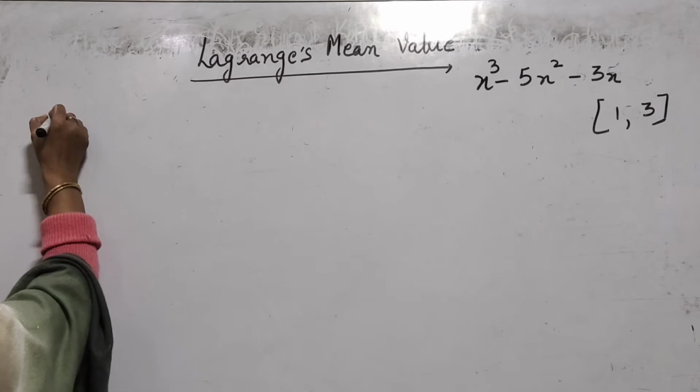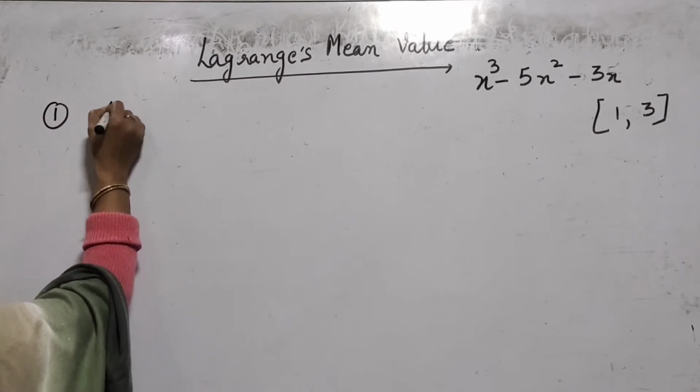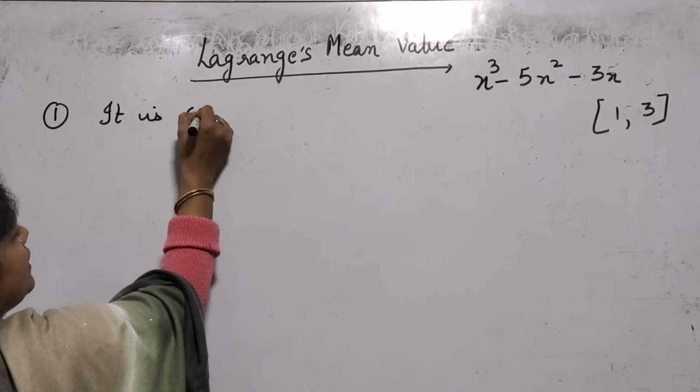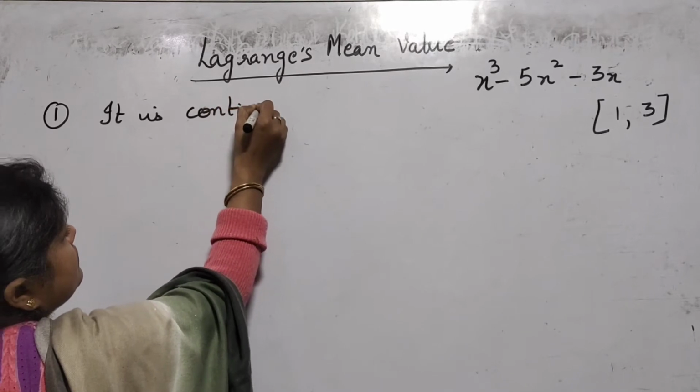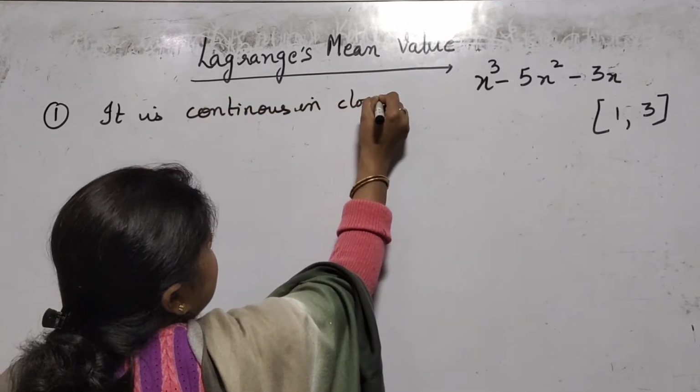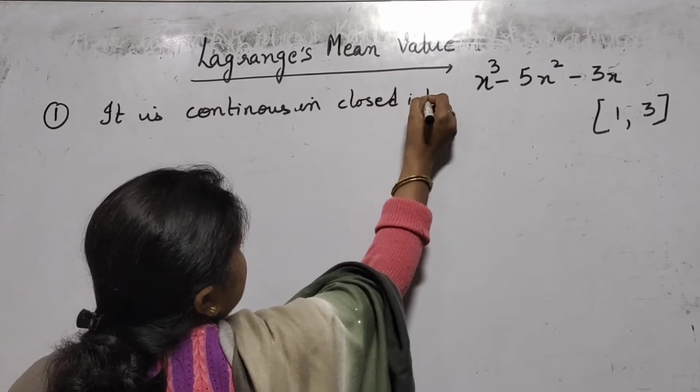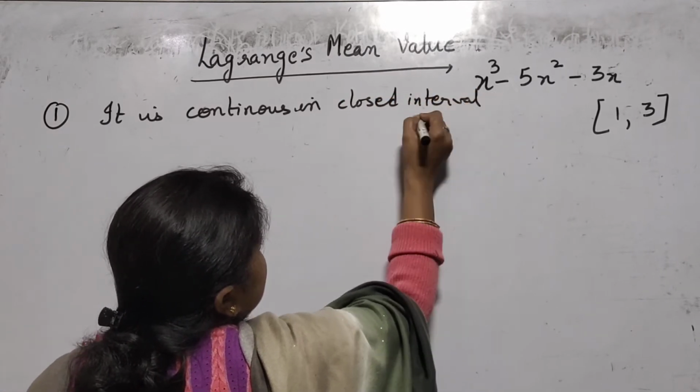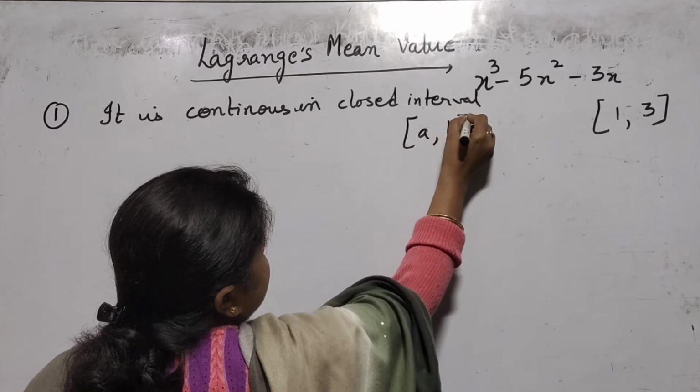The first condition is it is continuous in the closed interval [a, b].